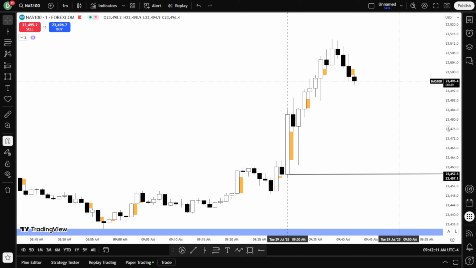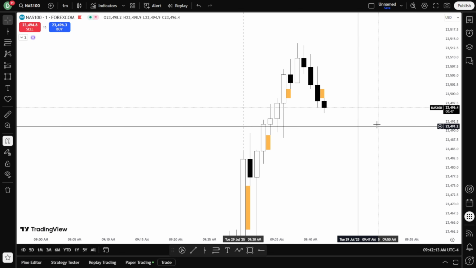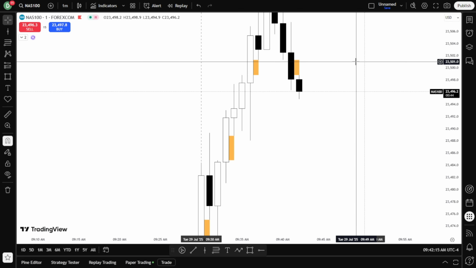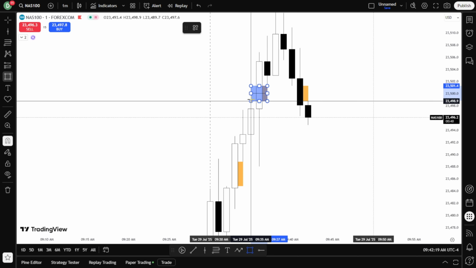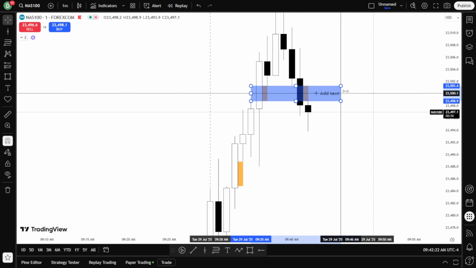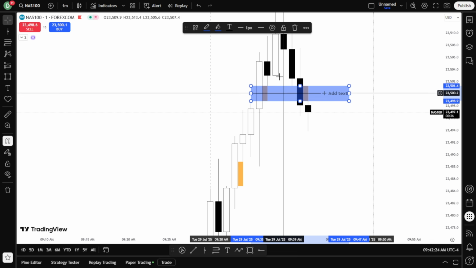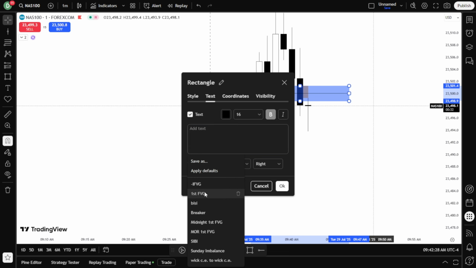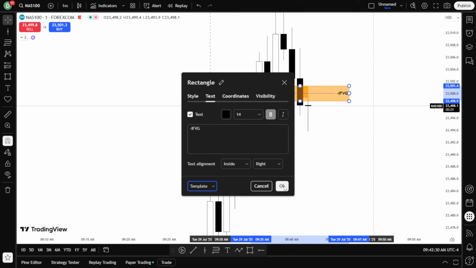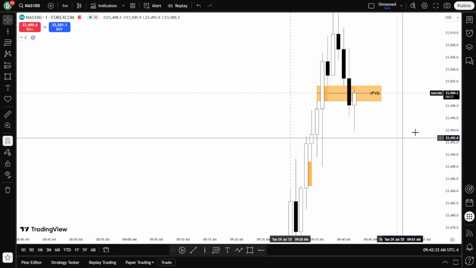Okay, so I'm looking for lower prices now, and let's see. Now it should act as the inversion, the same way I told you on the S&P. Let's see if it has the potential to become that.